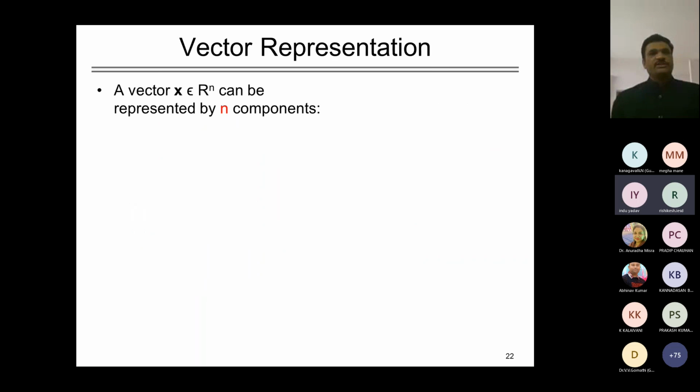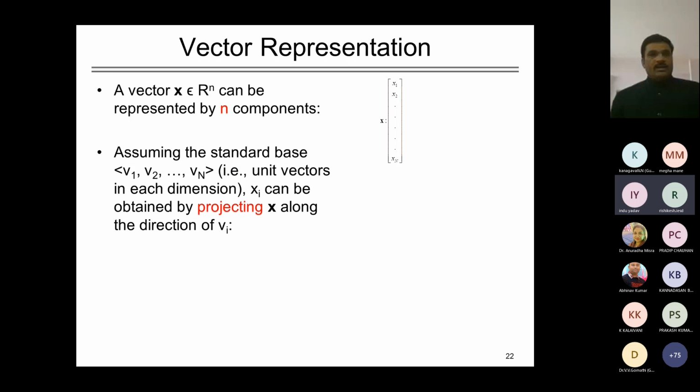Then vector representation. A vector x belongs to R^n can be represented by n components like this: x equal to x1, x2, xn. Assuming the standard basis v1, v2, vn, that is unit vectors in each dimension, xi can be obtained by projecting x along the direction of vi.